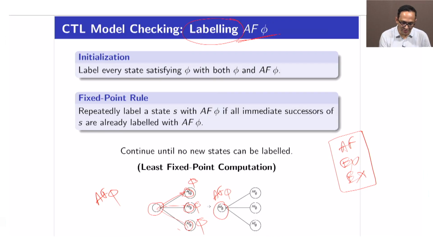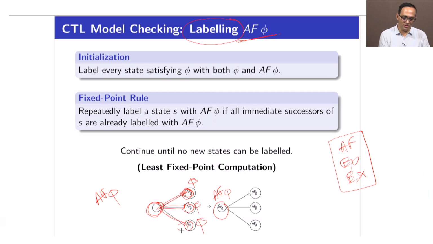Now see here, we are talking about the correctness context. We already know that any node where I am marking the state with AF phi, AF phi indeed holds there. There is no confusion about that, because we are starting from the baseline where phi holds implies AF phi holds. Then I am identifying another node where all successors have AF phi.